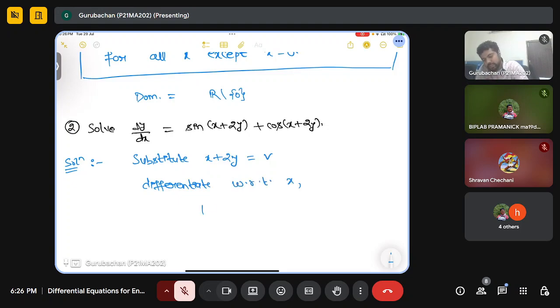It will give you 1 plus 2 dy by dx is equal to dv by dx.